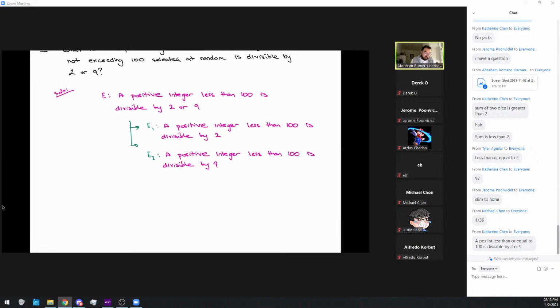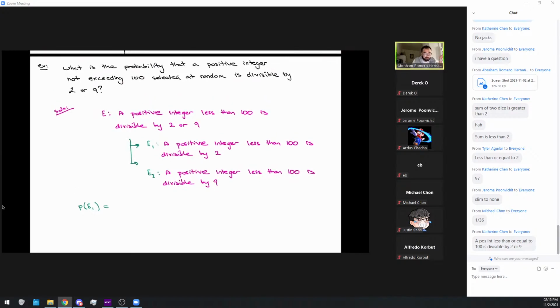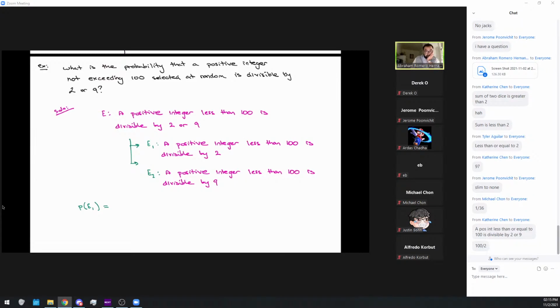So let's figure out the probability of event E sub 1 first. Now, how do we figure that out? Well, first of all, how many numbers not exceeding 100 that are positive integers are divisible by 2? How can we even figure that out? 100 divided by 2, exactly.